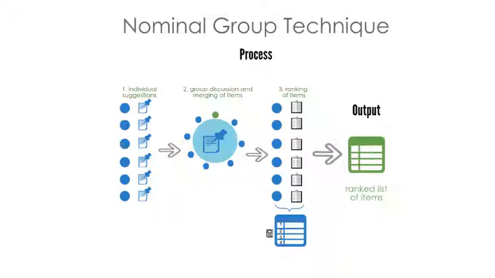Each expert will give their own estimations on manpower requirements, and then all experts will discuss the responses given by each expert, and on the basis of their voting, the ranking of responses will be decided, and on the basis of this ranking, the final output will be generated.